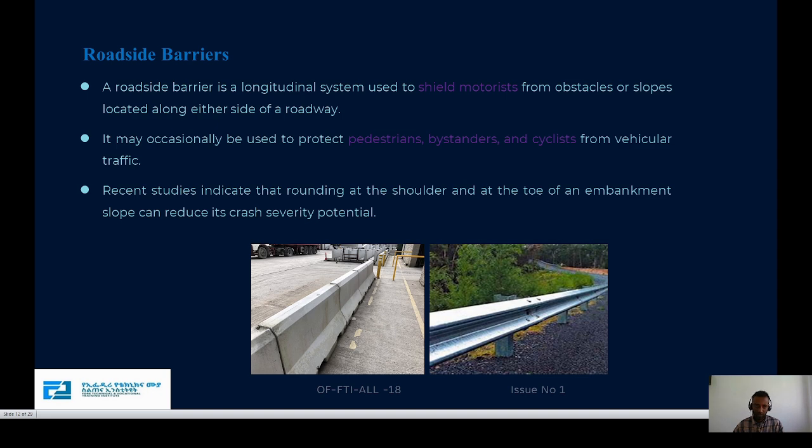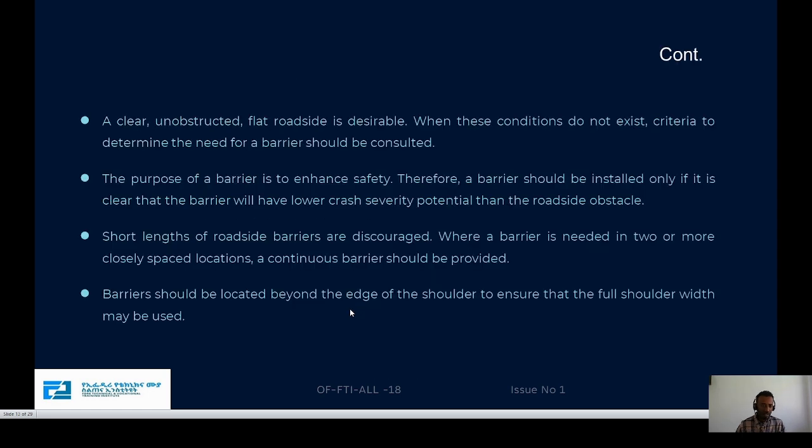It is very important for roadside barriers, and also to reduce the severity of crashes. Clearly, an obstacle-free flat roadside is desirable.